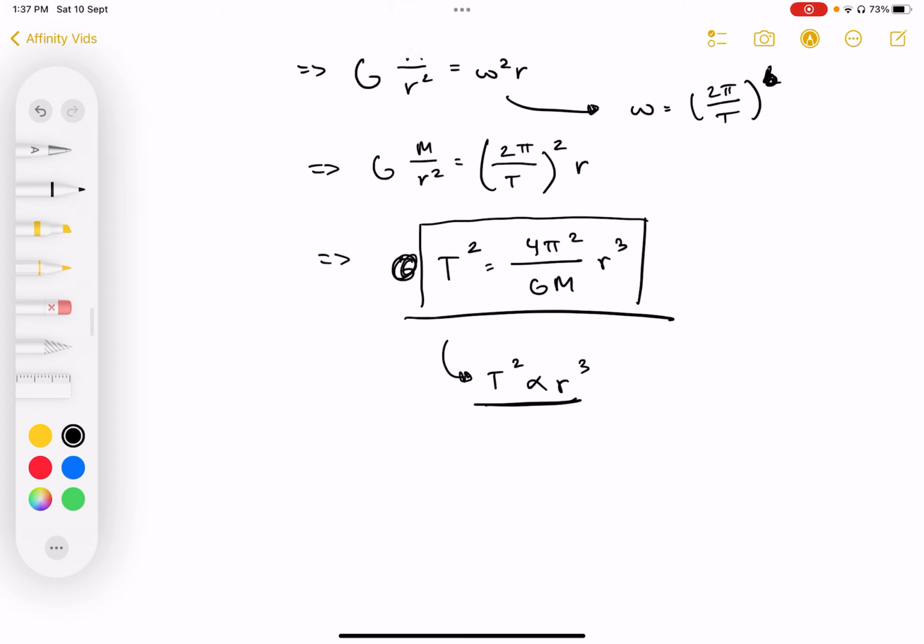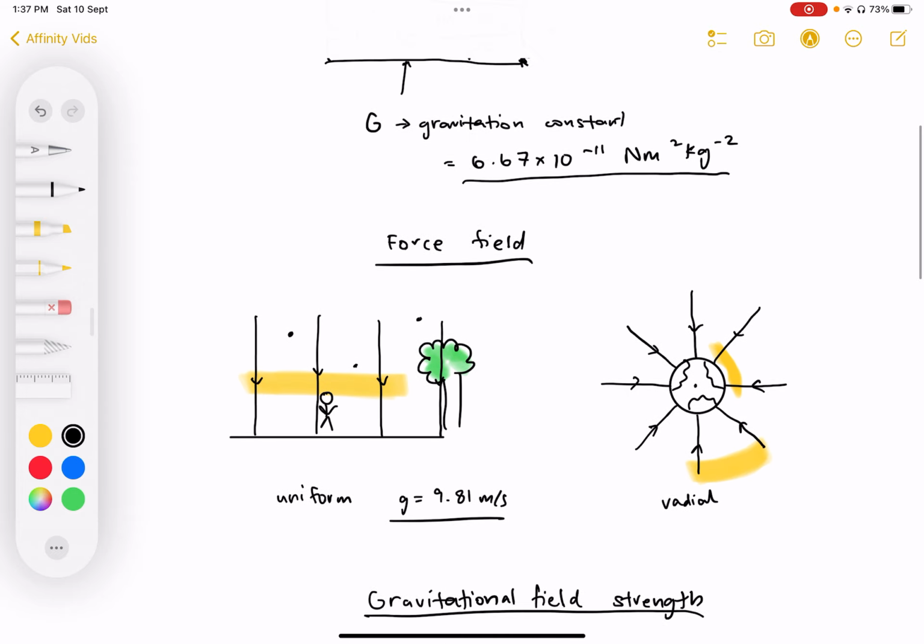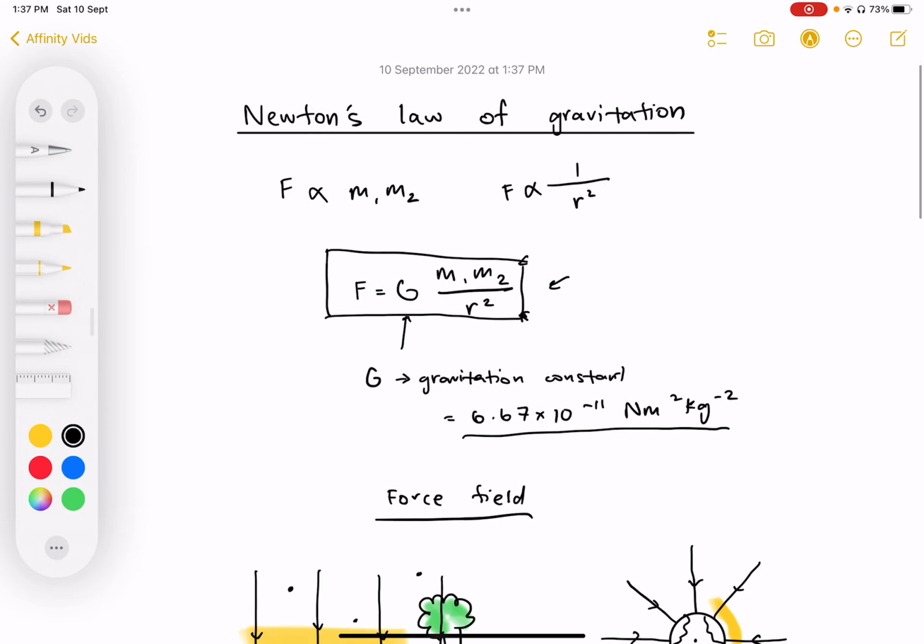It gives us a good proportionality law, and we can use this equation when we want to talk about objects that are affected gravitationally and are moving in orbit of another object, which is going to link perfectly with Newton's gravitational law.